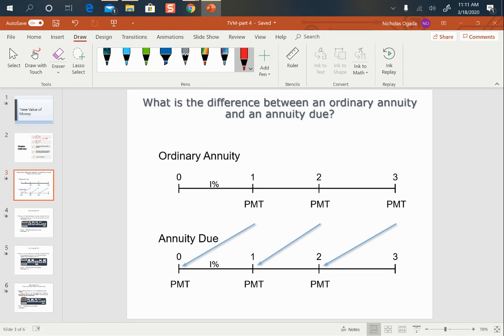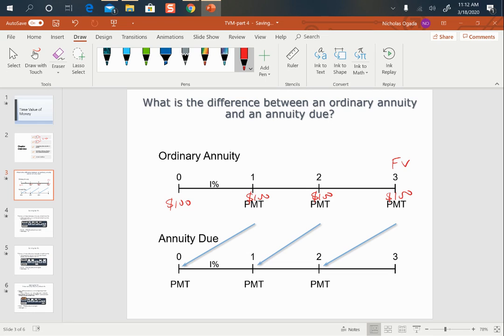So instead of investing $100 as we saw in the previous video and asking the future value of that $100 in 3 years time, here $100 is invested at time zero, and maybe another $100 at year one, $100 at year two, and $100 at year three. In other words, you invest $100 each year.